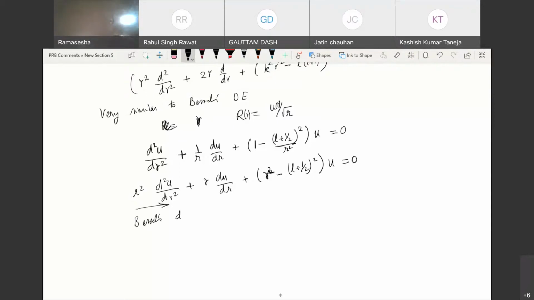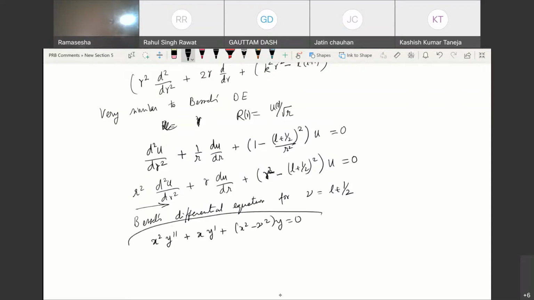for nu equal to L plus half. Okay, because the Bessel differential equation is nothing but y double prime plus x y prime plus (x squared minus nu squared) y over the Bessel.